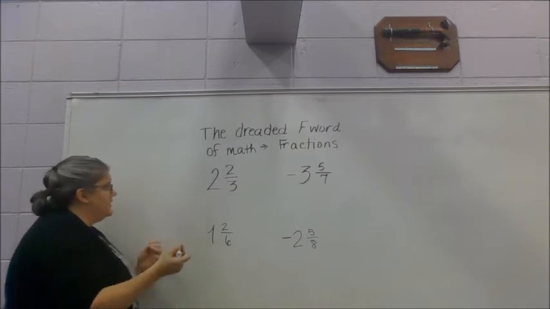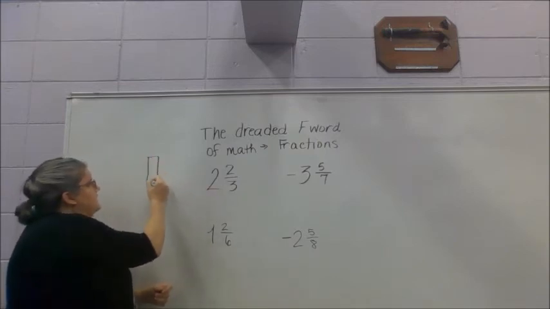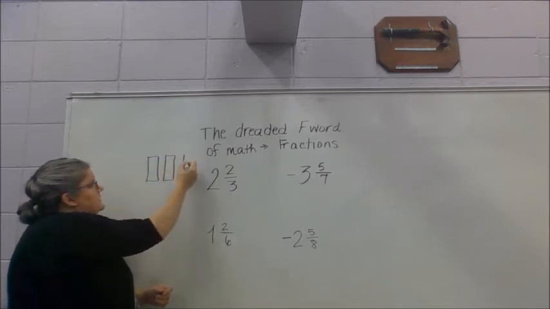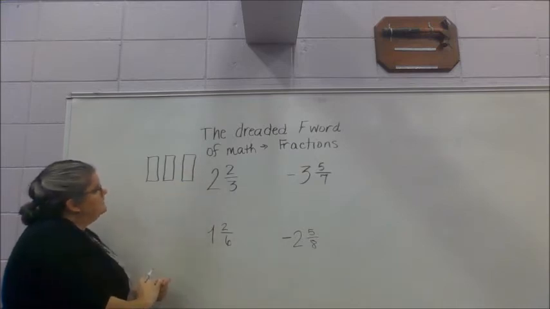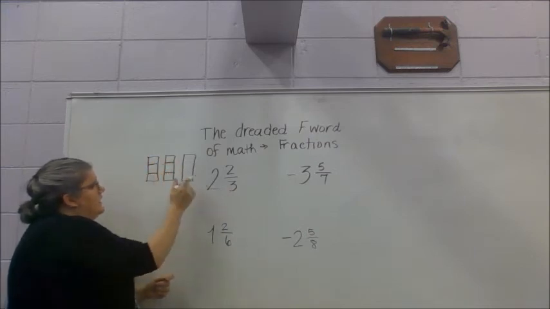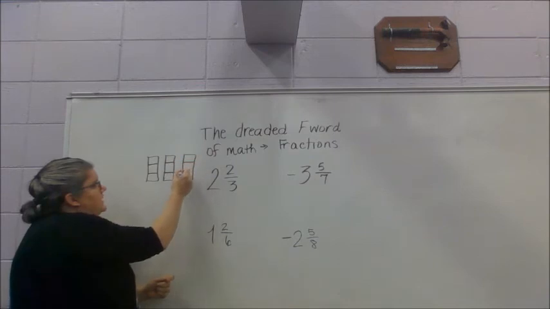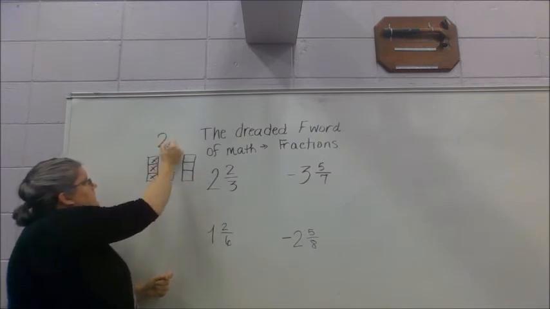The reason this works is this represents, let's say we have some cake over here shaped like rectangles. Rectangles to me are easier to divide up. So we have this cake over here, and I have 2 cakes, each of which are divided into 3 sections. And then I have this last cake that was also divided into 3 sections. This one, I get all 3 pieces to represent my 2.